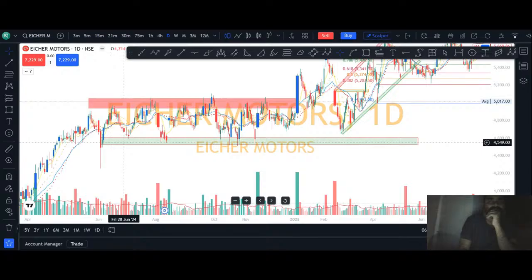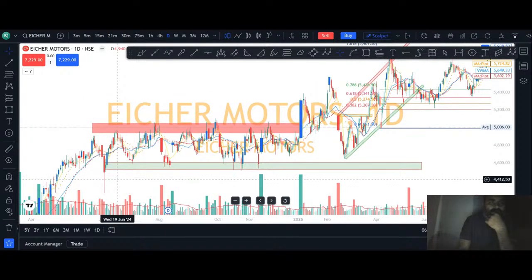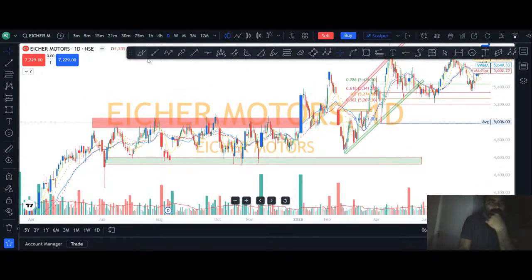At this zone, yes, at this zone, the demand is increasing, right?